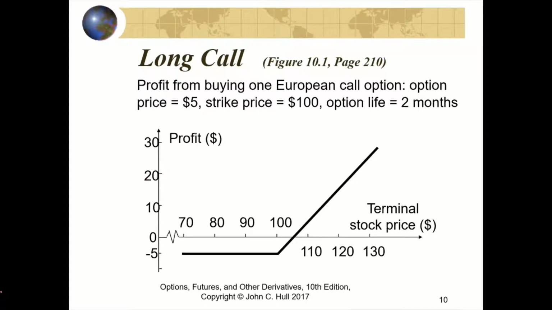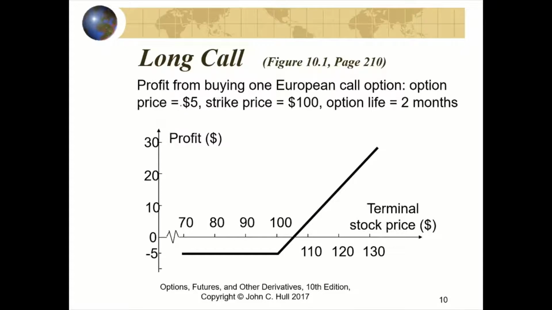Let's look at a long call. Now, in a long call, let's assume that we are examining a European call option, and this diagram here shows the profit from buying one European call option. Now, what are the major characteristics of this call option?